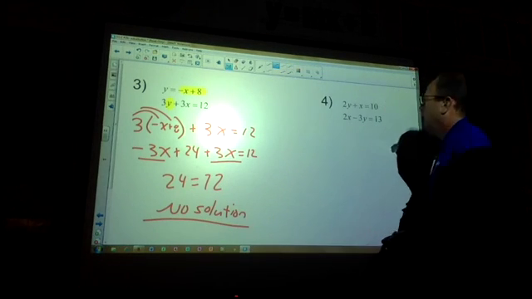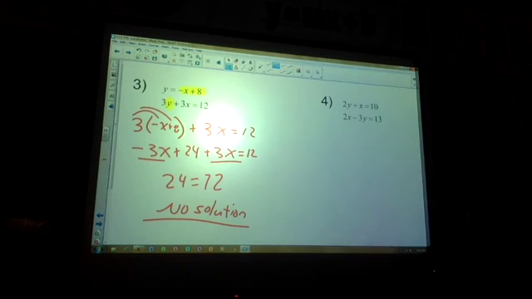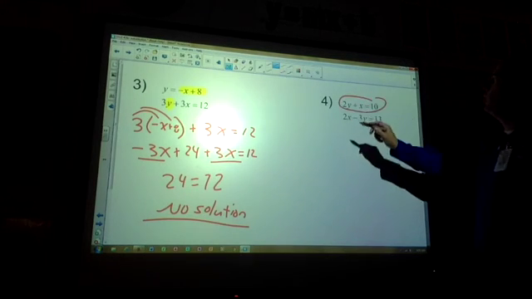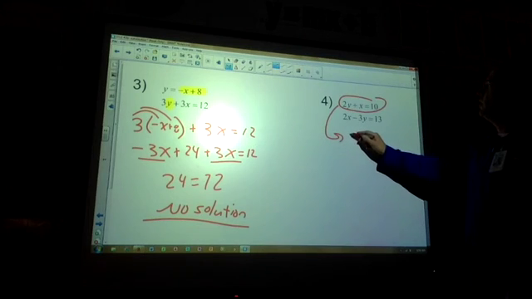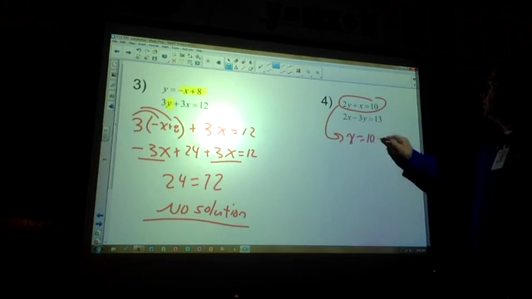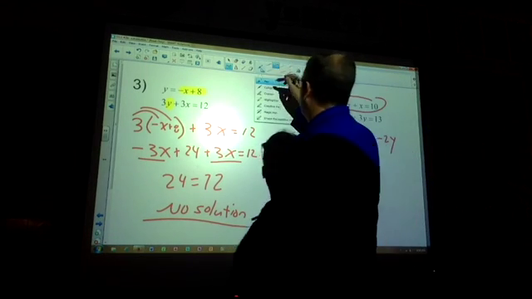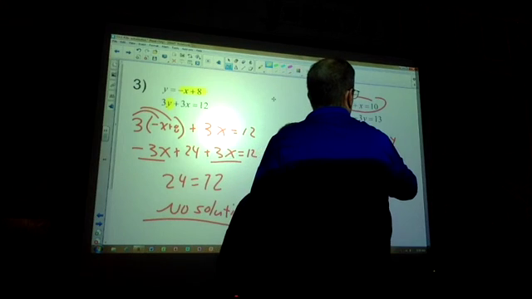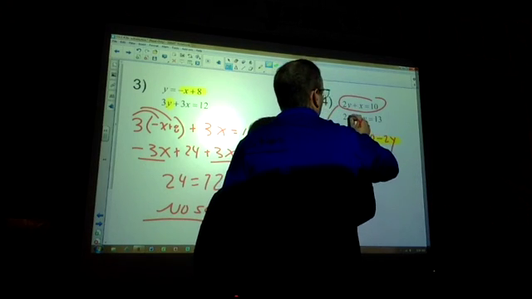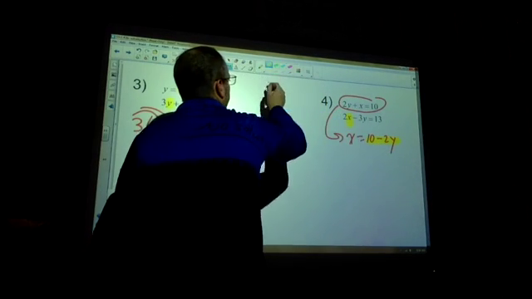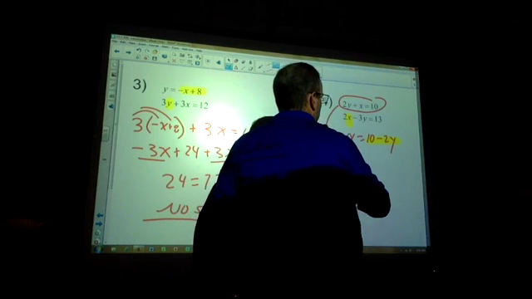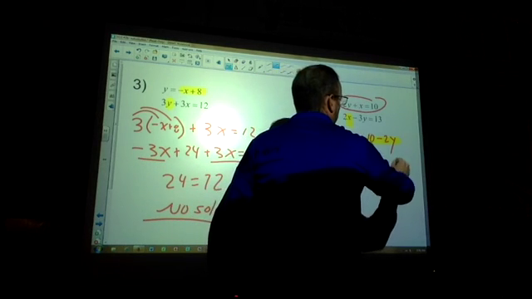Number 4, I need to get one of the values. I need to get x by itself somehow. If I modify this one by subtracting 2y, does this change into this? Yes. That means I'm going to take that right there and plug it in right there. So I get 2 parentheses minus 3y equals 13.